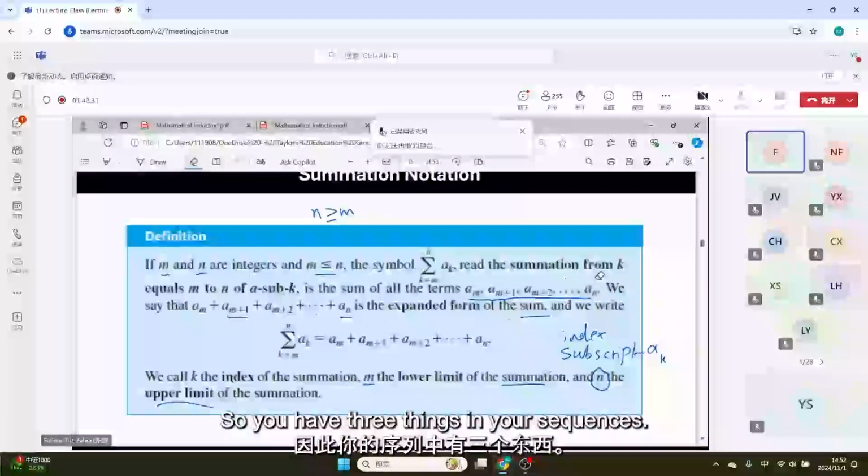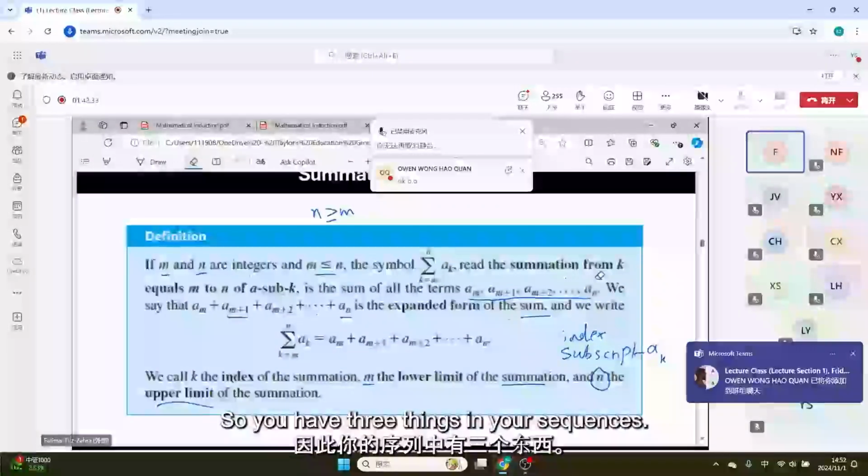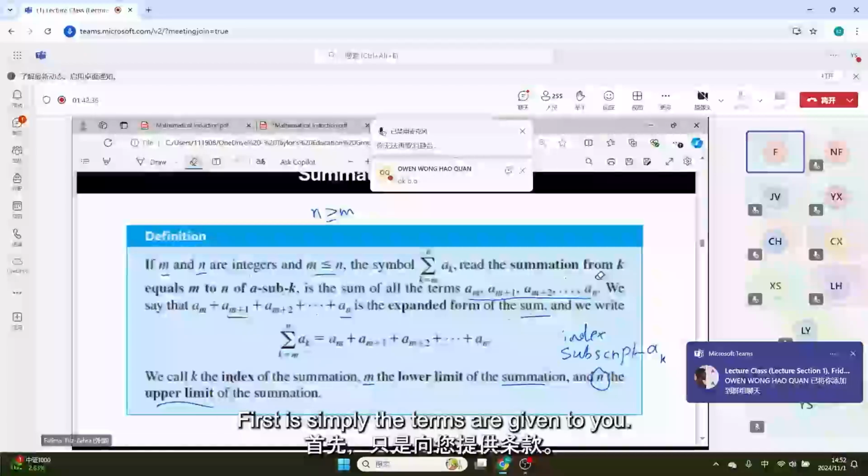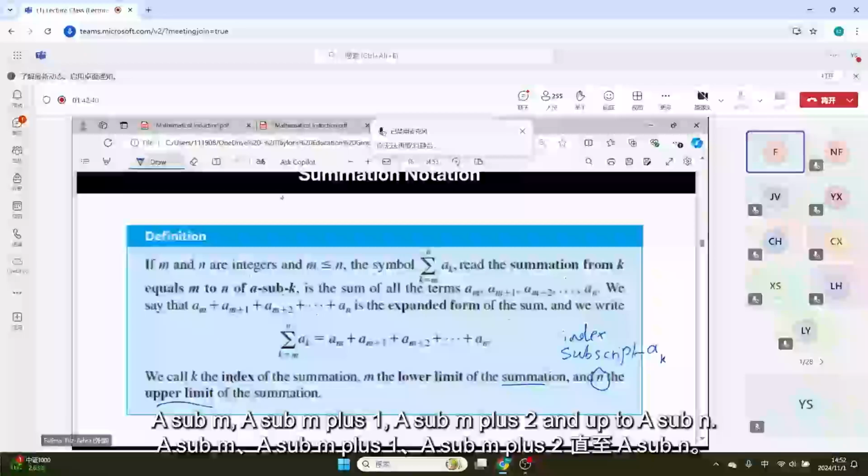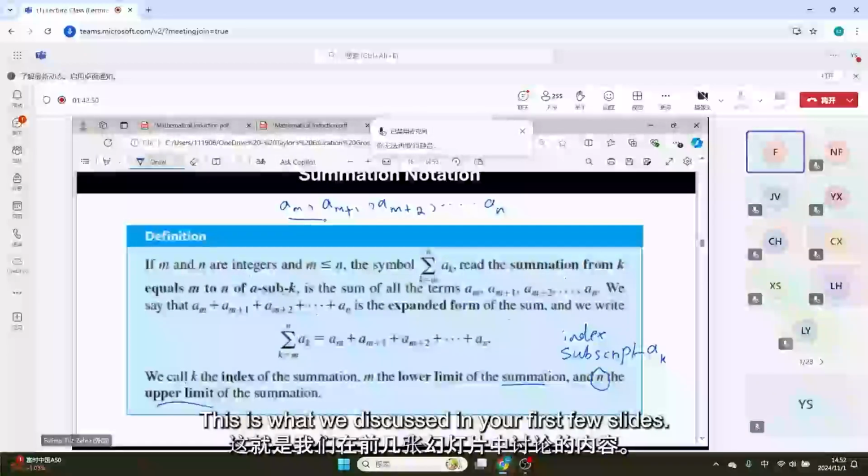So you have three things in your sequences. First is simply the terms are given to you: a sub m, a sub m plus 1, a sub m plus 2, and up to a sub n. This is what we discussed in your first few slides.